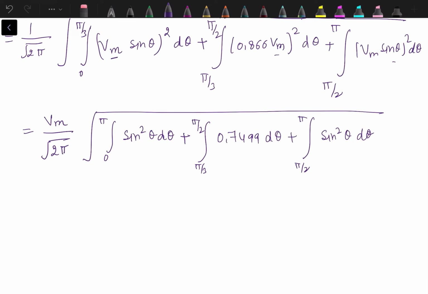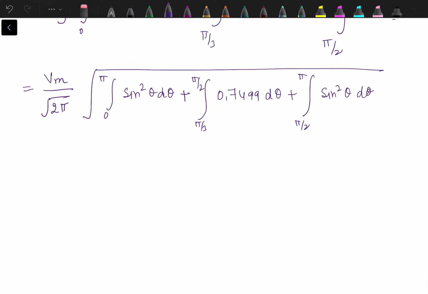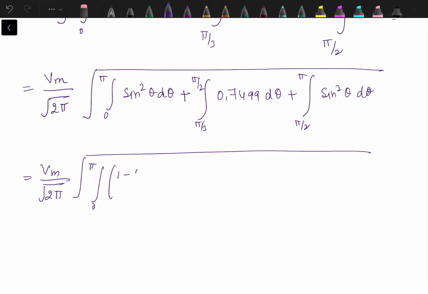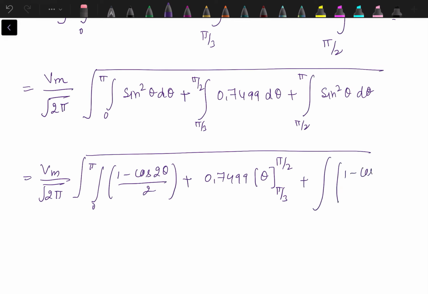Again we can't integrate sine square theta directly, so we need to change it into the cos 2 theta form, and we will replace sine square theta by 1 minus cos 2 theta by 2. So integration of 1 minus cos 2 theta by 2 into d theta over here, plus integration of this is 0.7499 theta, which is varying from pi by 3 to pi by 2, and d theta over here also.